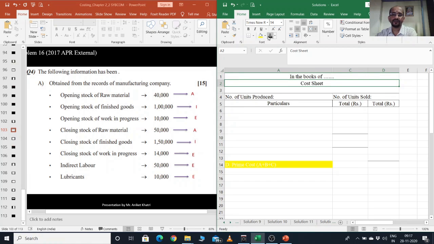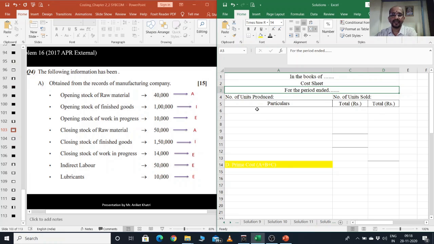Next we are preparing cost sheet, and again we need to write for the period ended, though it is not mentioned. So prepare columns of particulars, total rupees and total rupees. Above that you need to write number of units produced and number of units sold. Though it is not mentioned in the problem, you need to write and keep it blank.